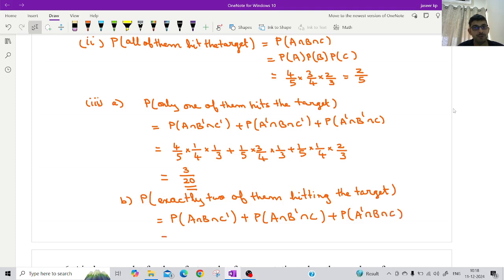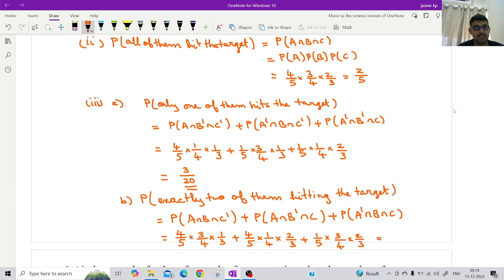So now if you substitute the probabilities, that is probability of A is 4 by 5, then probability of B is 3 by 4, into C dash is 1 by 3, plus P of A is 4 by 5, B dash is 1 by 4, C is 2 by 3, plus A dash is 1 by 5, into B is 3 by 4, into C is 2 by 3.